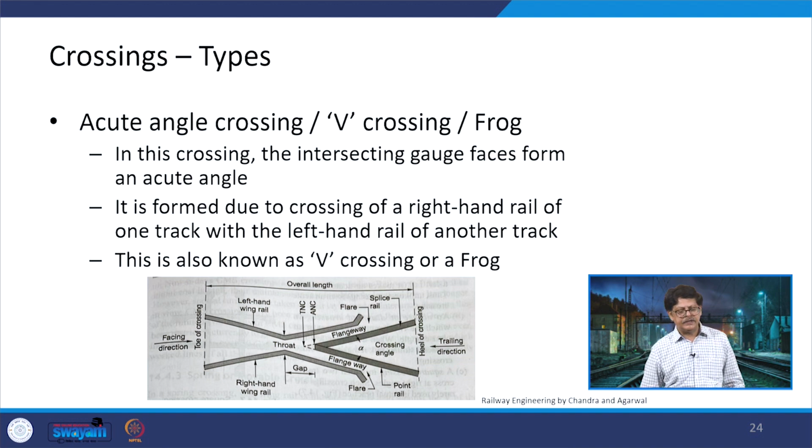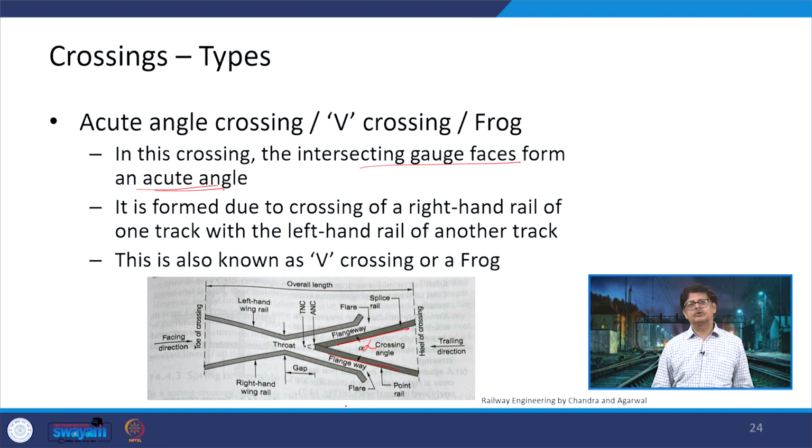Let us talk about the acute angle crossing, which is also defined as V crossing, and another name given to that is a frog. In this crossing the intersecting gauge faces form the acute angle. So, this angle which is being formed here is an acute angle made by these gauge faces.